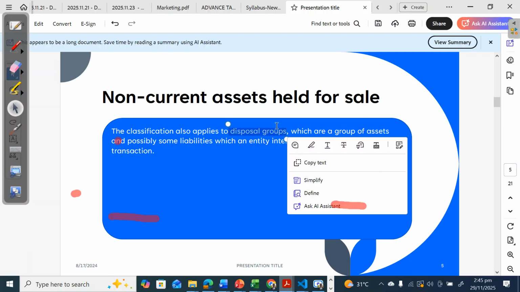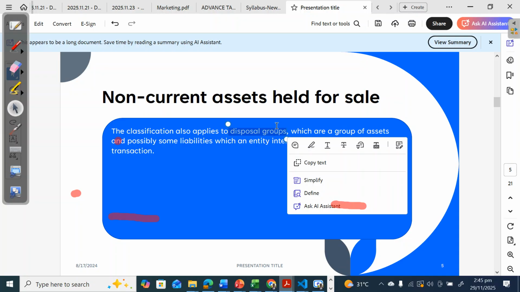A branch can have computers, furniture, equipment. So if the company is selling all the assets in the branch, the branch becomes a disposal group.